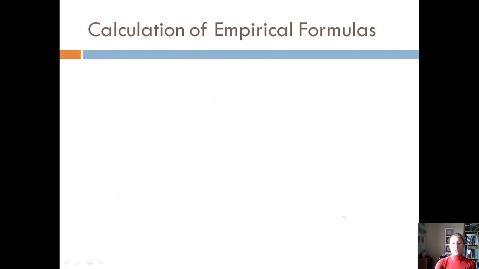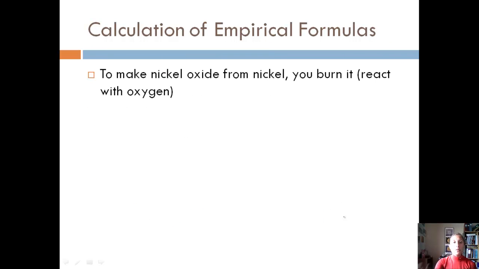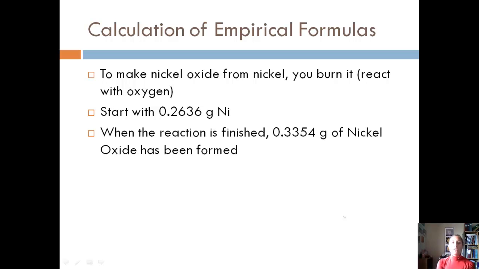Okay, let's do another example of how to calculate empirical formula. Let's say we're going to make nickel oxide from nickel. That means that we would be burning it, so we're reacting it with oxygen. Say we start with 0.2636 grams of nickel, and at the end of our reaction, we have 0.3354 grams of nickel oxide. Well, we know we have the nickel we started with.